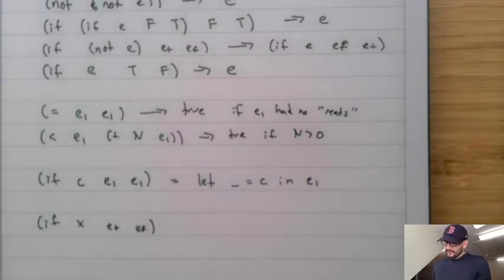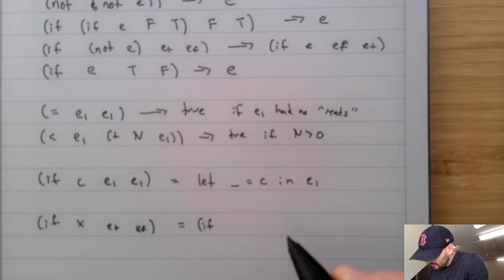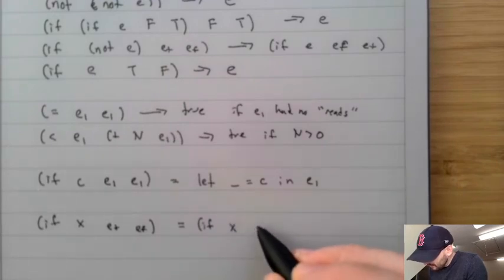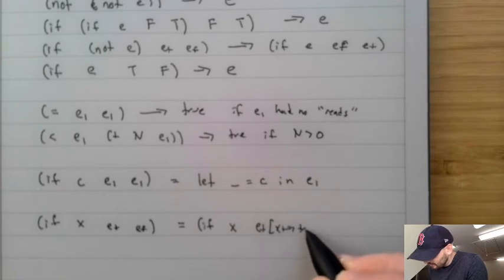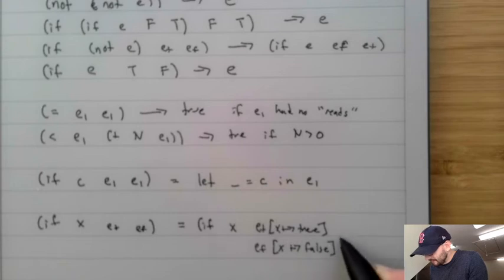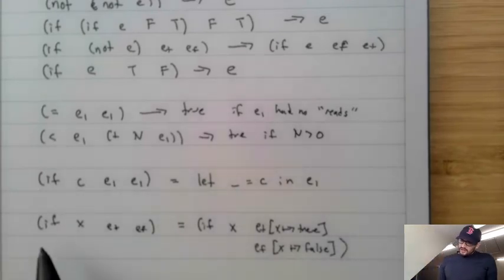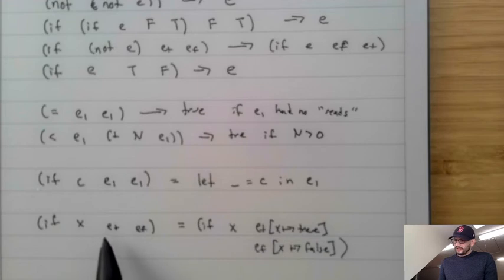Well, in this case, we could turn this into an if statement where we have that x there, but then we take ET and we find all of the x's and replace them with true. And when we go in EF, we find all of those x's and replace them with false. The idea here is that because we know that this if statement tells us that this expression x is true or false, we can use that information in the rest of the program.